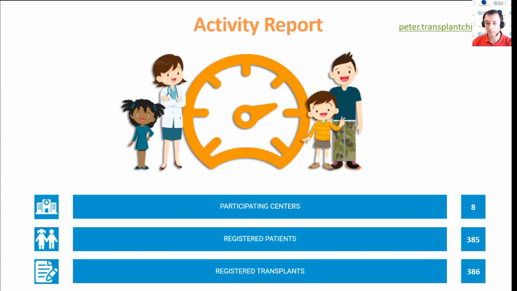At the moment, most of the data in this report corresponds to kidney and liver transplantation, but Peter has data of all kinds of transplantation, both solid organ and hematopoietic, and included as well some combined transplants.